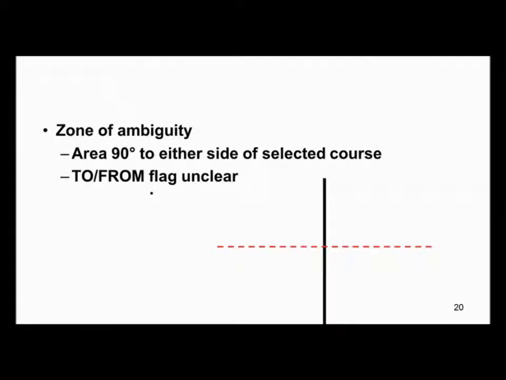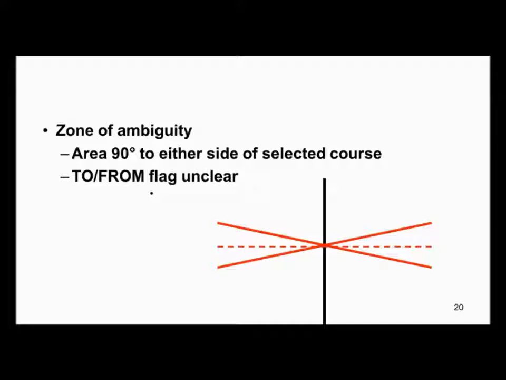Oh, the zone of ambiguity. If you're off the center of this, with the black line, the dotted line, and the red X's, if you were anywhere to the left or the right of that where the dotted line is, it's trying to figure out whether you're going to or from. How often do you have that problem?